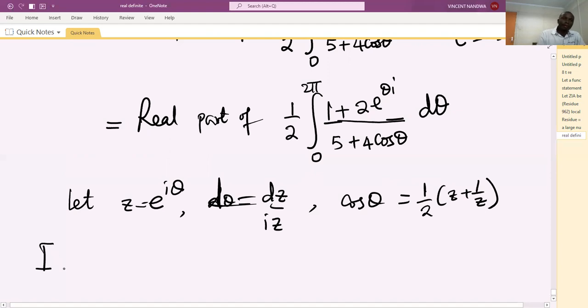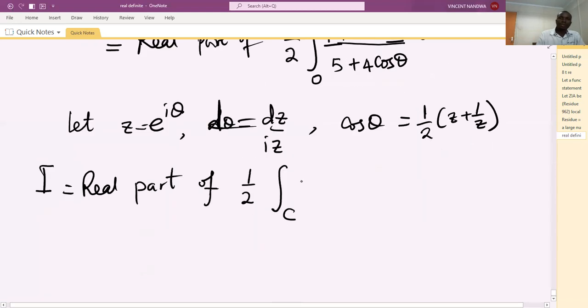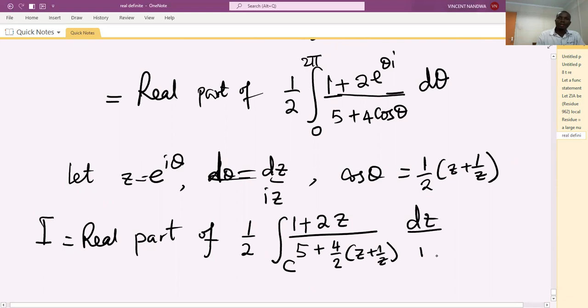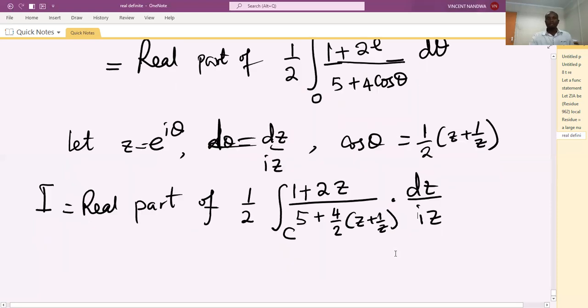So I will now be the real part of a half integral along C, where C is a unit circle, of (1 plus 2z) divided by (5 plus 4 over 2 into z plus 1 over z), then dz over iz. I'm simply replacing d theta by dz over iz.